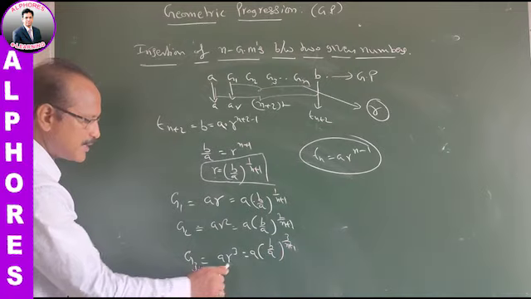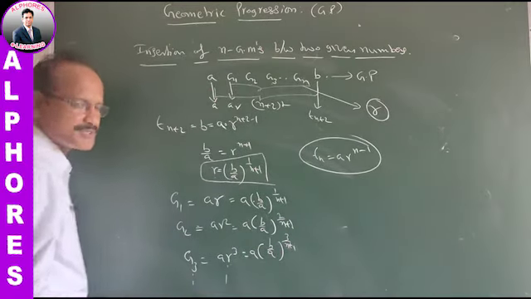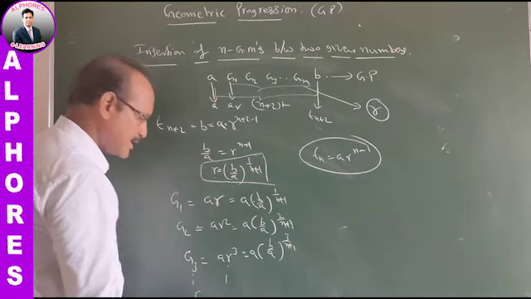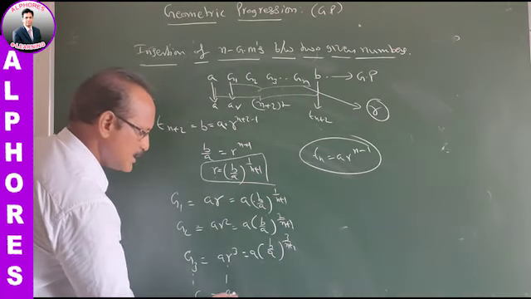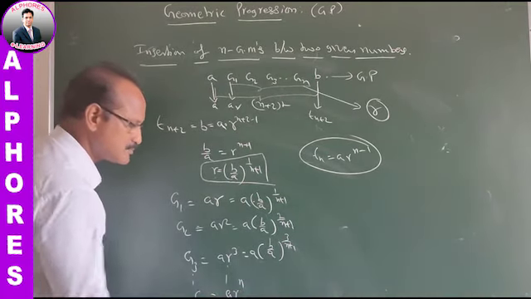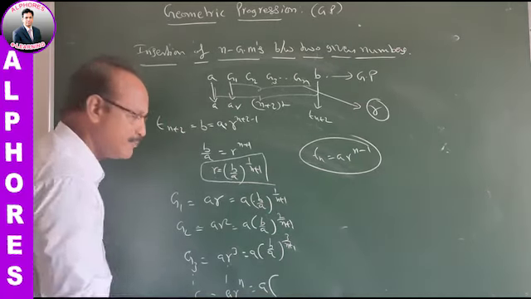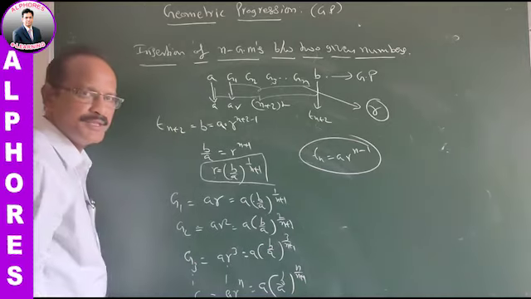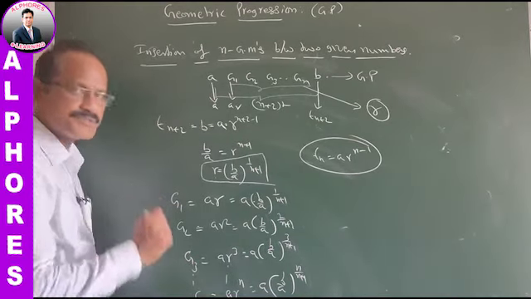Like that, you can write all the geometric mean values. That is, the nth geometric mean is ar^n, that is a × (b/a)^(n/(n+1)). So these are the geometric mean values.